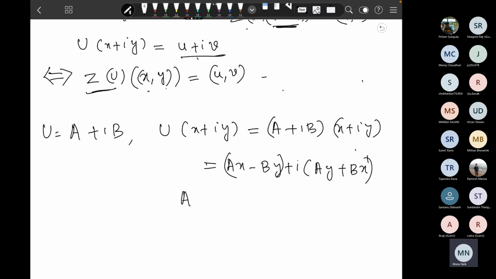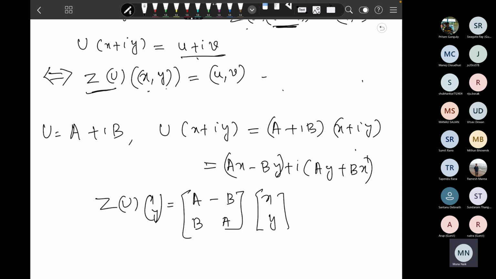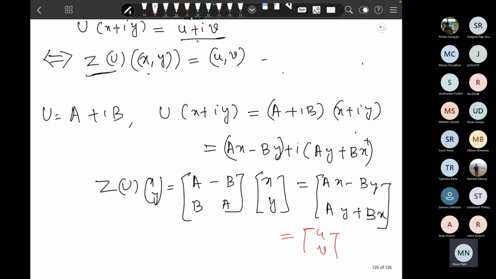And if you take ZU of XY, this is nothing but A minus B. So for that reason, if you call this as U and this as V, this is actually U plus iV.